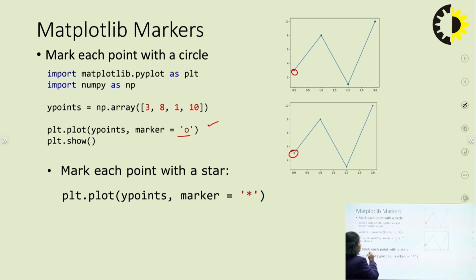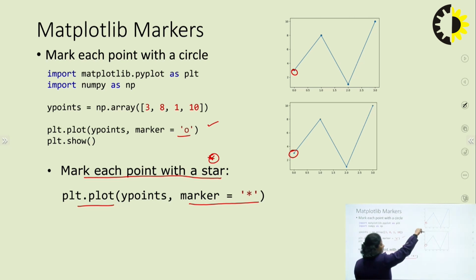If we have to mark each point with a star, we are using marker equal to star with the plot function. So in the graph the point will be shown as a circle, and if we use marker equal to star, then the points are shown as a star.